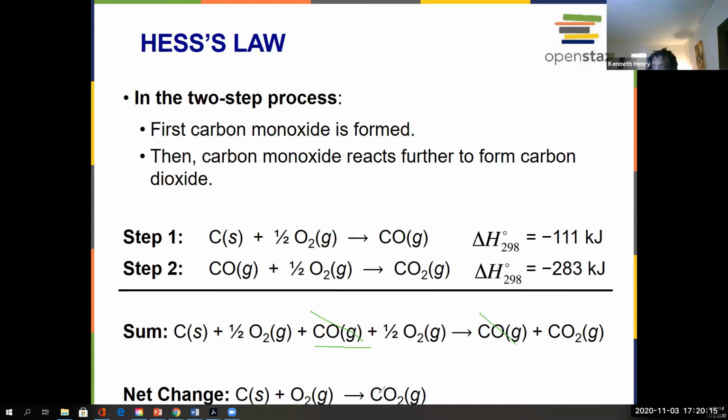Remember that? And so the net reaction is just carbon plus, we have a 1/2 here, 1/2 here, so that adds up to 1 whole oxygen gas, and that's going to yield carbon dioxide. In that case, we'd also have to add both of the enthalpies together. So the delta H for this would be the sum of the two, which would be negative 394 kJ per mole.